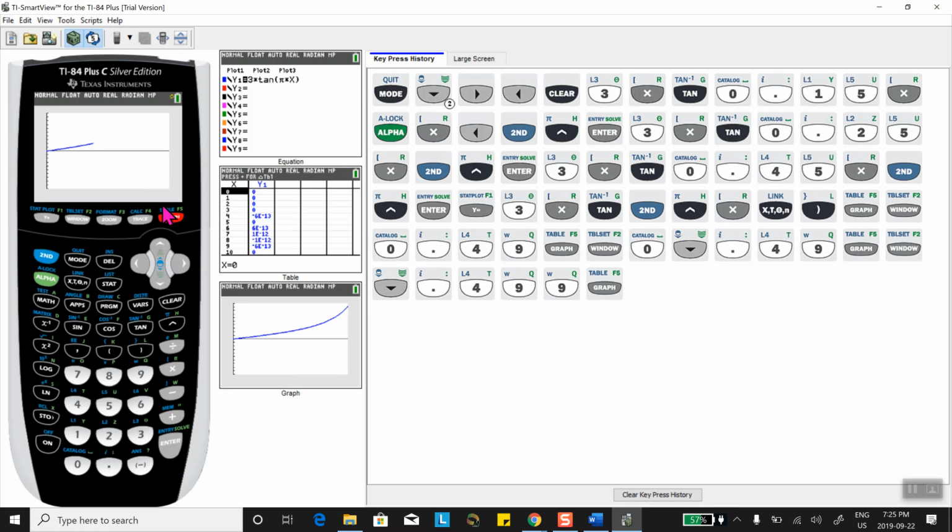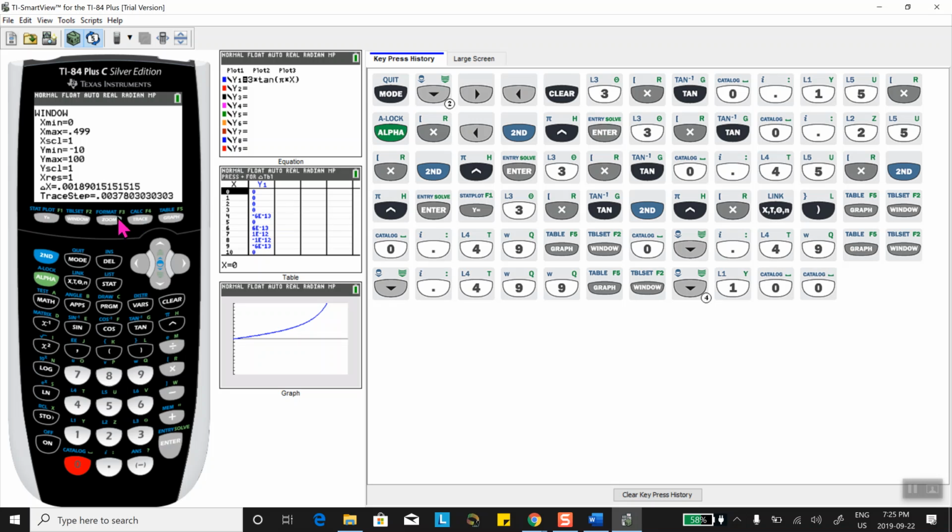The reason that you don't see much difference is that the vertical y value is not big enough. So if I scroll down to this 10 and make it 100, you see that there's a significant difference in the graph because the graph shoots to infinity at 0.49, at 0.45. See that?